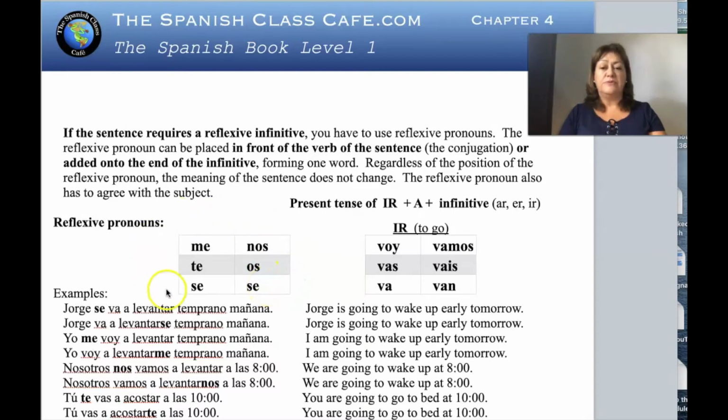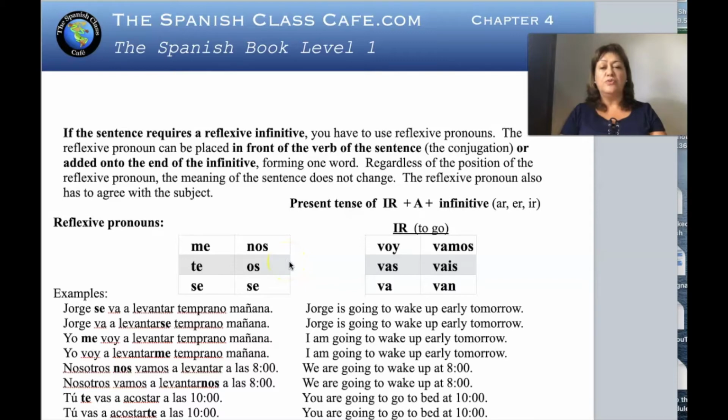These are the reflexive pronouns that we also study in my lesson for the reflexive verbs. Now, we do have to use the reflexive pronouns when we're using the going to, or what I call fake future. That is with the verb to go in present tense. Because if the infinitive is reflexive, we need to include the reflexive pronoun.